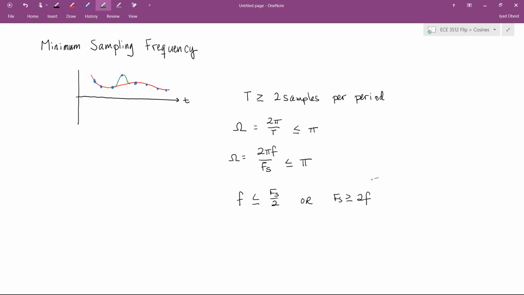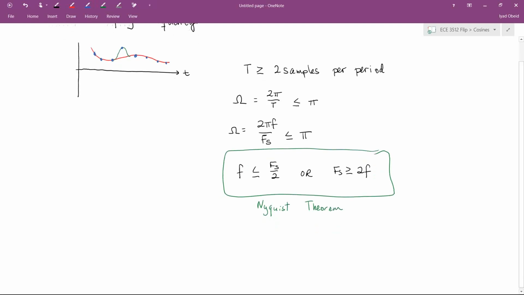And let's put a box around that. This is the famous Nyquist theorem, and it tells us how many samples per second we need to take in order to accurately capture a signal at any frequency.